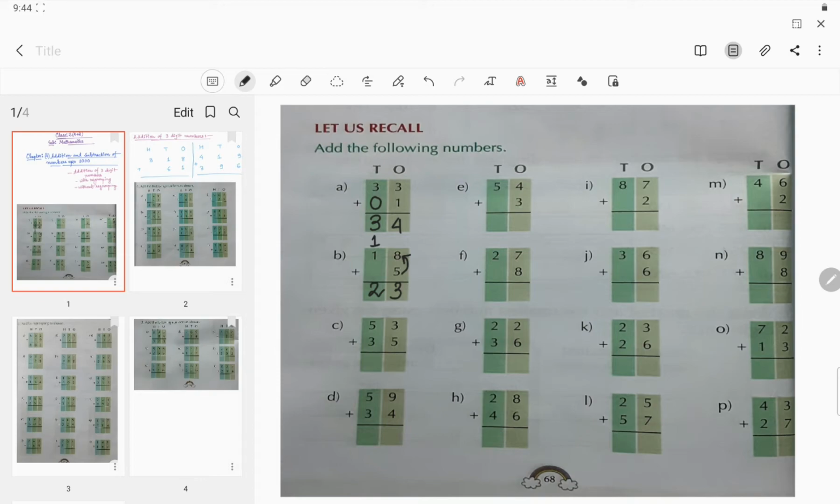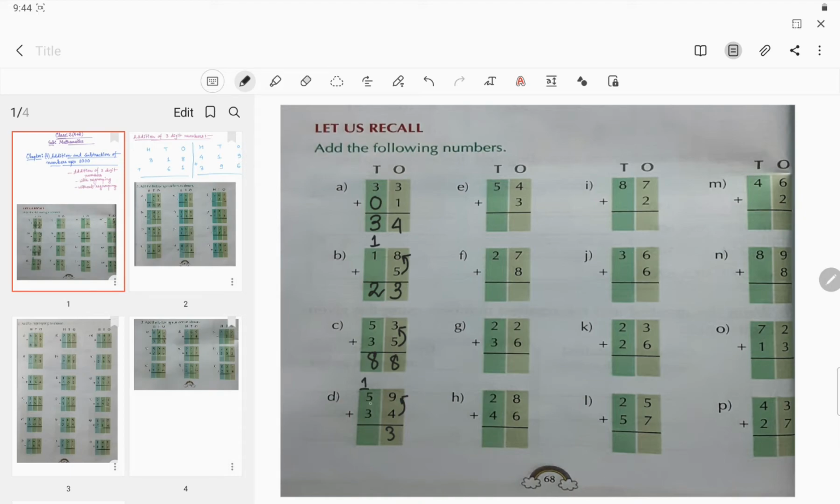We have done this before. Similarly 3 plus 5 or 5 plus 3 is 8. You know 9 plus 4 or 4 plus 9, you can say 4 plus 9 is 13. So you have to put 3 here and carry over 1.